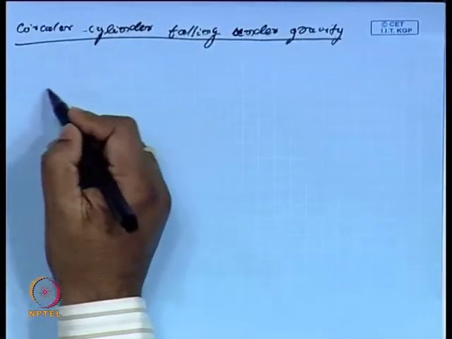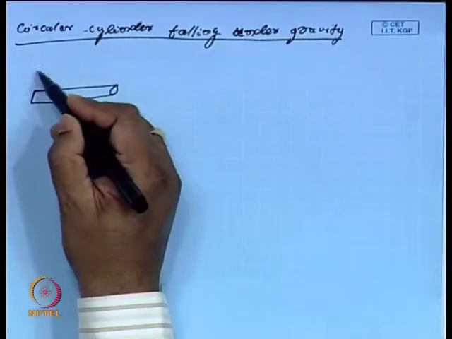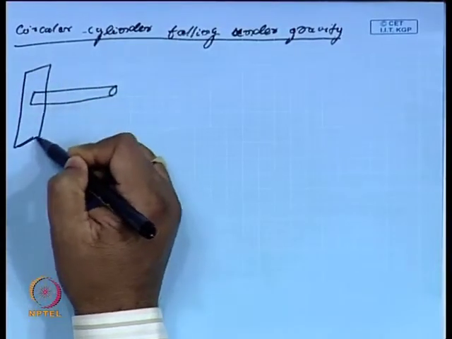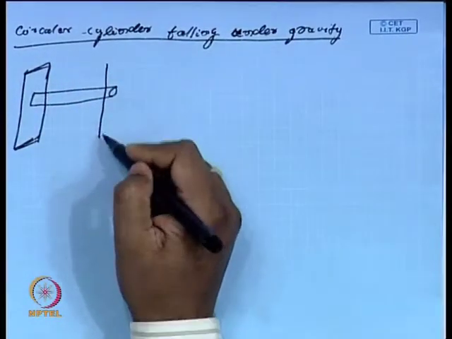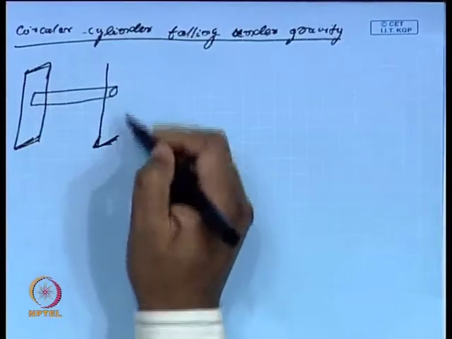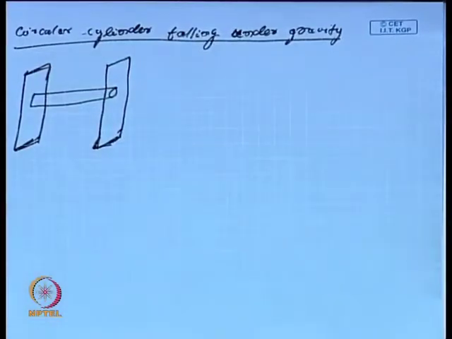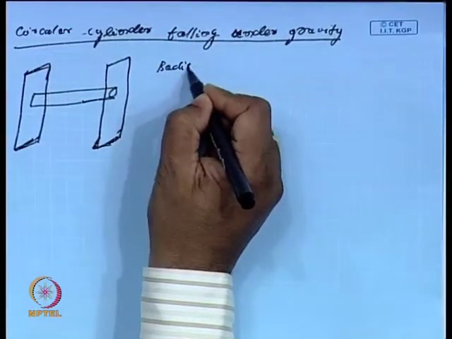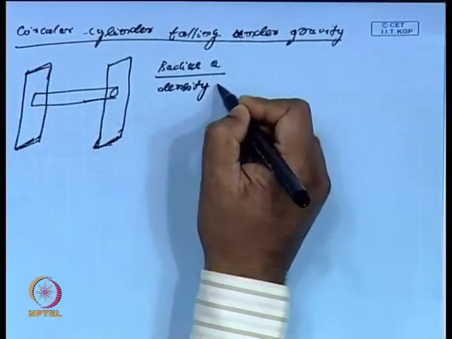Suppose I have a circular cylinder of radius a and density sigma.